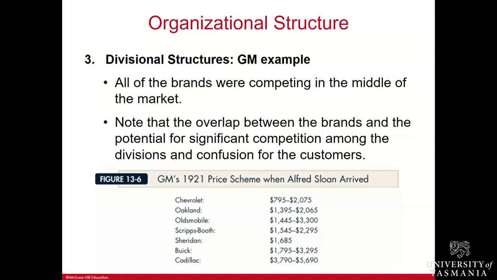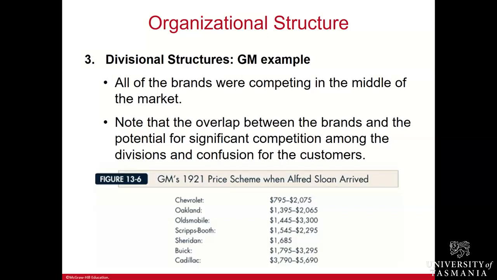For General Motors, before they had the divisional structure, their brand marketing and promotion was not very successful, because as it's stated here, the pricing of each product was overlapping, the overlap between the brands created potential for significant competition among the divisions and confusion for the customers.